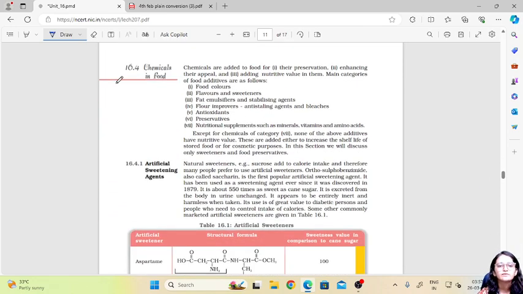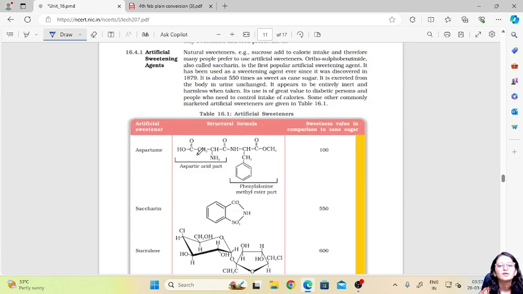Then next we will see chemicals in food, in which we have different types, that is food colors, flavors, emulsifiers, stabilizing agents, antioxidants, preservatives, then nutritional supplements such as minerals, vitamins, amino acids. We will start with the artificial sweetening agents here. Each point is very important because they ask for 1 mark.